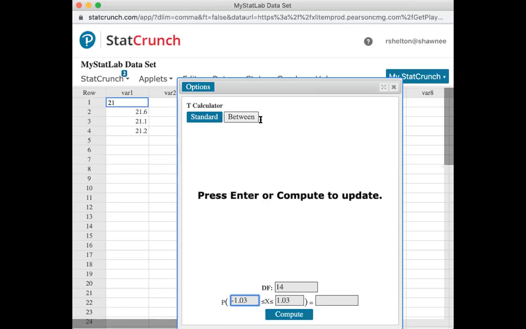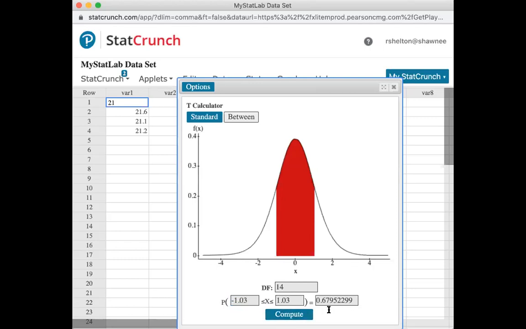Do you see that screen up here? Yeah, I do. So I just said we got 14 degrees of freedom, so that tells it which T curve to go get. And here's the T values, because we're in a T calculator, so this is really T down here. So the probability that we're between minus 1.03 and plus 1.03, and we hit compute, is this number, okay?